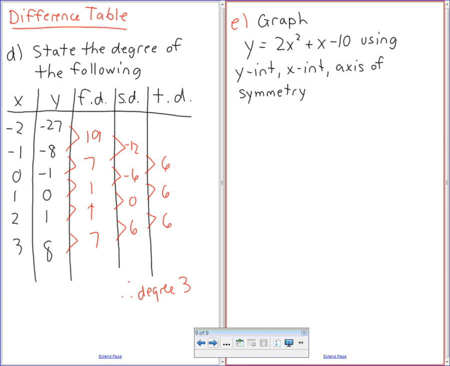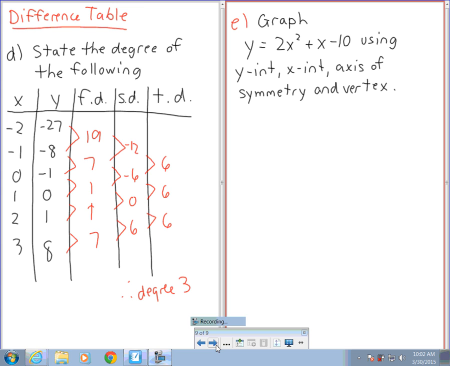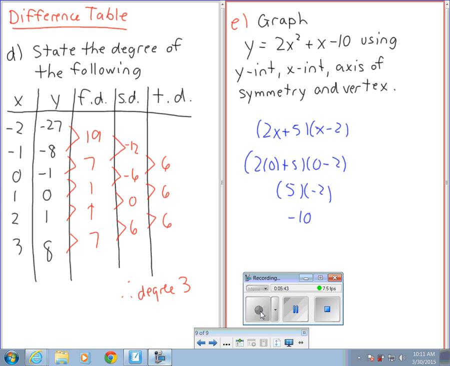Graph. Okay, there we go. Go ahead. And then I'll do one like number 3. As fast as I can.